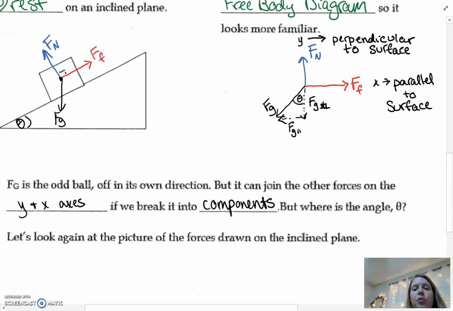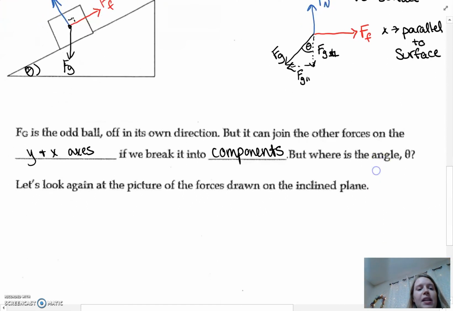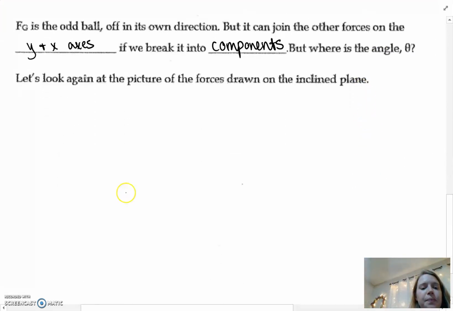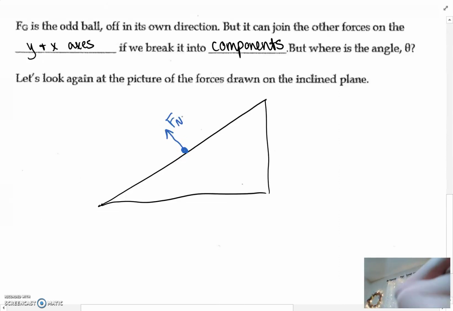If you're not interested in me proving that, you can pause the video here and skip ahead. Basically, I'm just going to redraw this really big and make the box really small. So if we have a big inclined plane and a tiny box, we have the normal force, the force of gravity, and the frictional force.